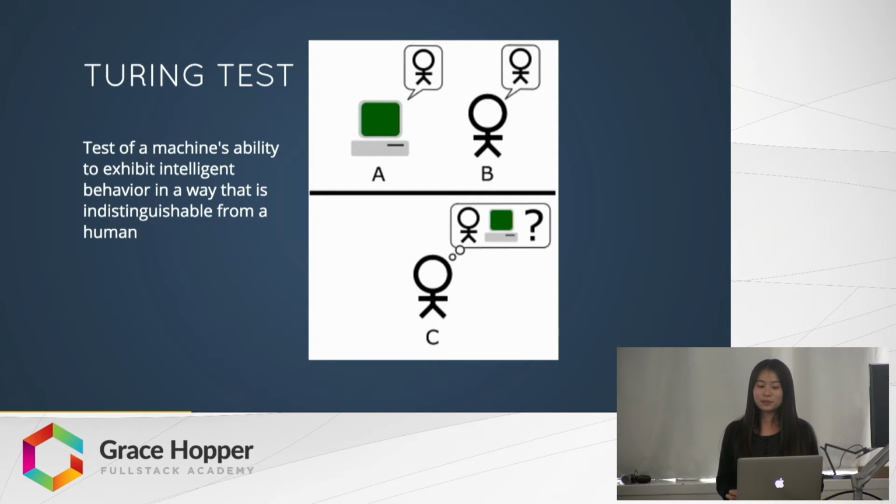So A is going to be a computer, but the computer is going to pretend to be a human and try to convince the evaluator that they are a human. And then B is going to be a real person, and C is going to communicate by text with the computer and the human and see if they can distinguish which one is the machine. If they can't distinguish which one is the machine, then that means that the machine has passed the Turing test and would be considered an intelligent machine.